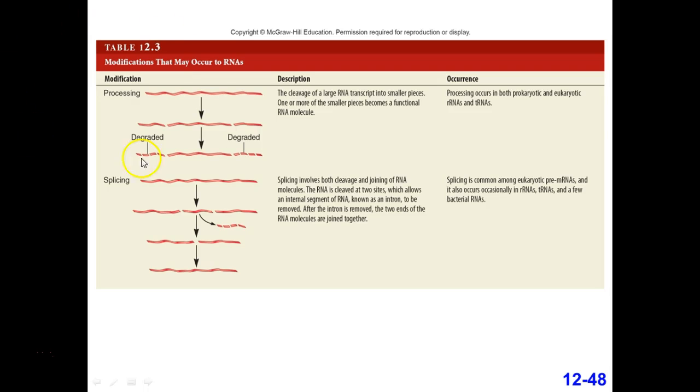The really interesting thing is, besides the ends being cut off and degraded, they noticed this phenomenon where there were segments in the middle that were removed and the two pieces were spliced together. So of course they called that splicing. Do any of you know what this segment that they removed in the processing is called in the DNA code?